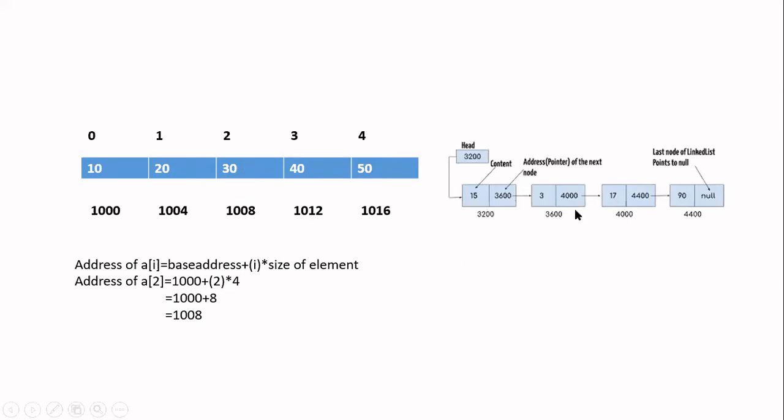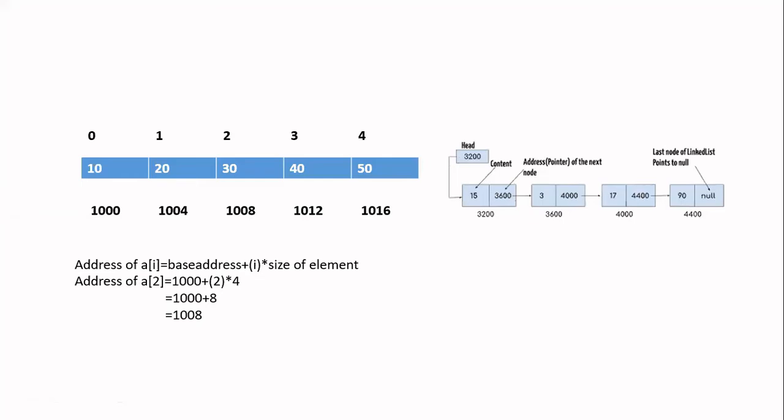But here, if I tell you access the third element, that is this 17, you have to first go to the first element, take the address of the element, then go to the next element, take the address from there, then go to that element. There only your element will be present. Whereas in an array, you never do like that. You are directly accessing it. Random access is easy in case of an array, whereas random access is not possible in case of a linked list.